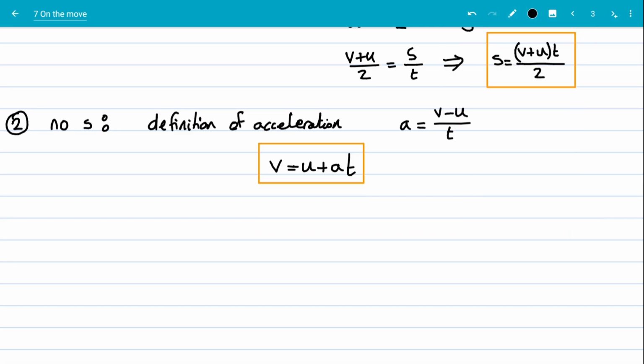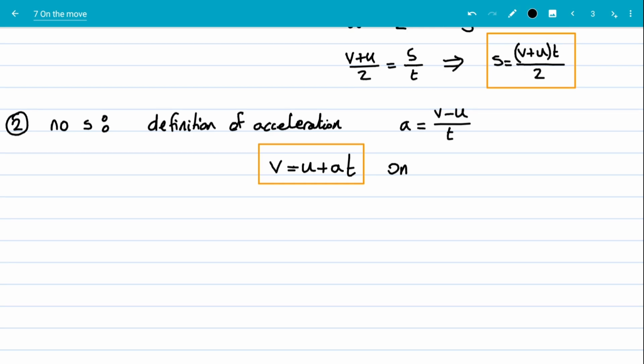So this is only valid for constant A, but you get the idea. Anything we derive from these is going to have the same limitation.